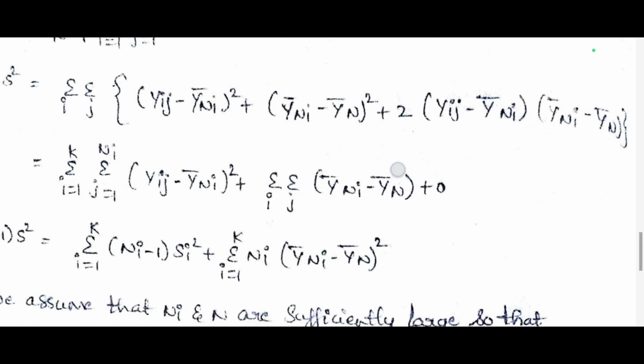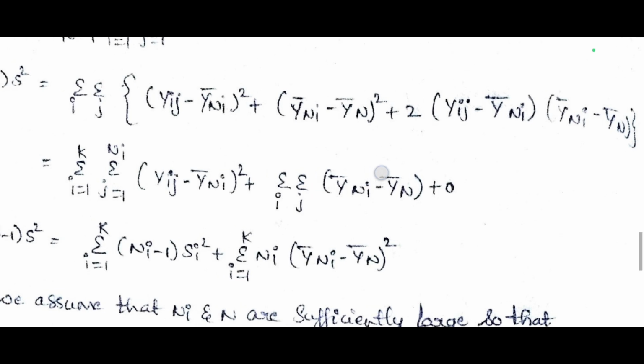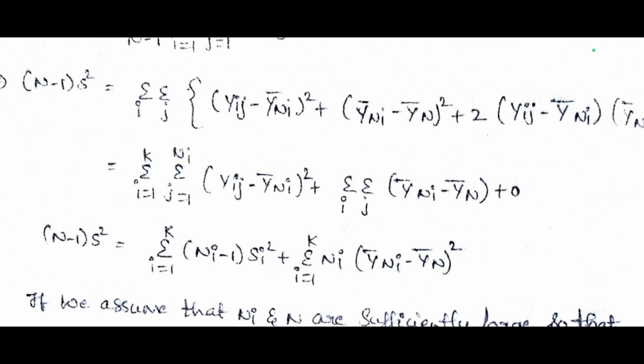Next, the cross term is going to be 0. So i runs from 1 to k, j runs from 1 to n_i, of a² plus b². In that format you express these terms, applying the summation over i from 1 to k.